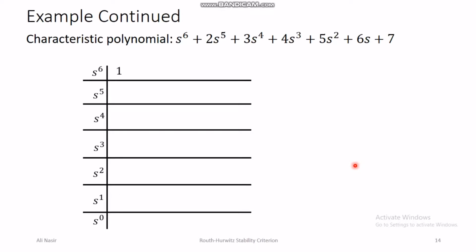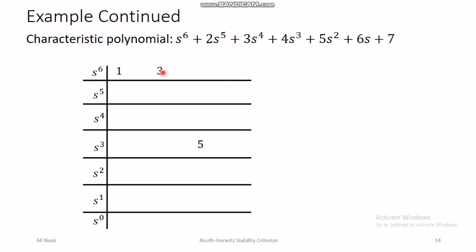The columns are filled in such a way that in the first row and first column, you substitute the coefficient of s to the power 6, the coefficient of the highest power of s in the polynomial. Then you leave out the next coefficient and fill in the coefficient of the next power. So you leave out the coefficient of s to the power 5 and you plug in the coefficient of s to the power 4 in the next column of the first row.